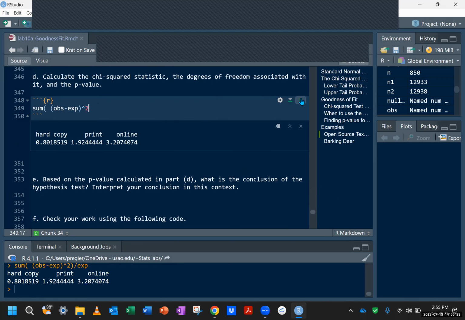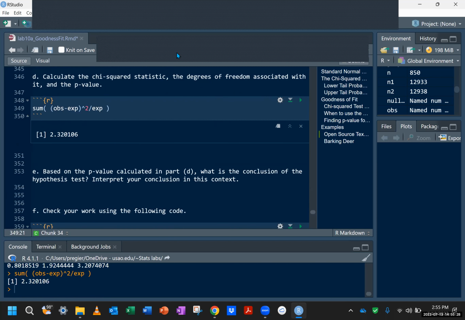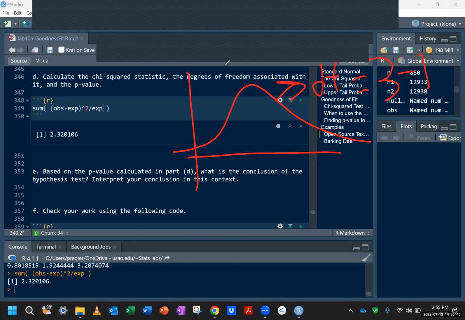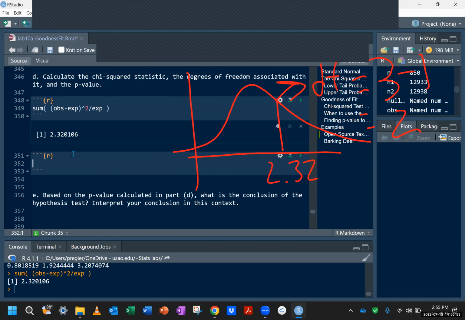Okay. Yep. So what this tells me is I got my distribution. The degrees of freedom are the number of categories minus 1, so 2 degrees of freedom, and I observed a value of 0.232. Okay, so to find my p-value, I'm going to do 1 minus p chi-squared of what I observed.